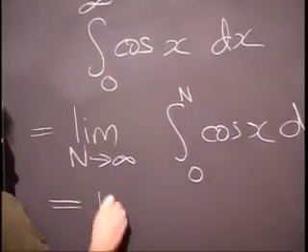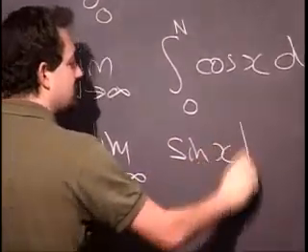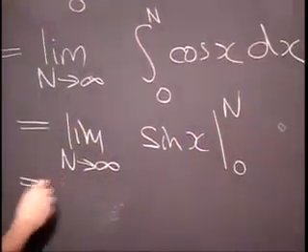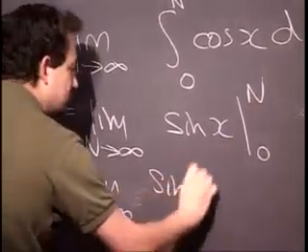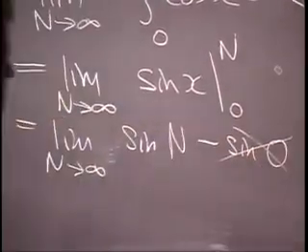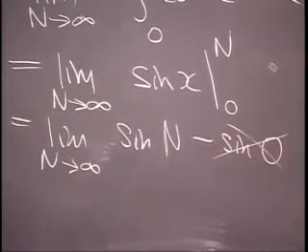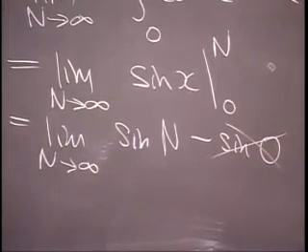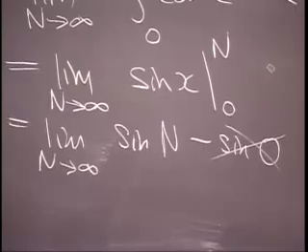So we just integrate cosine. The integral is sine. So it's the limit, as n goes to infinity, of sine n minus sine 0. Sine of 0 is 0. So the question is, what happens to the quantity sine n as n goes to infinity? Does it have a limit? No. Sine n just oscillates between minus 1 and 1.